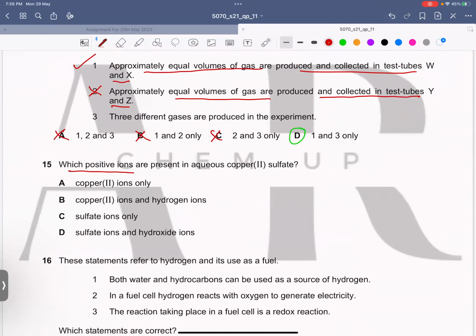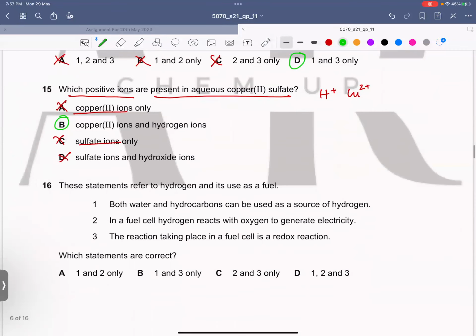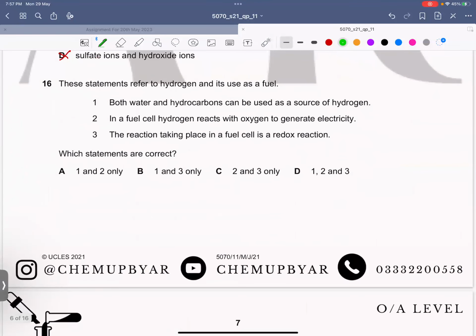Which positive ions are present in aqueous copper 2 sulfate? It's aqueous copper 2 sulfate, so hydrogen ion and copper ions. They are asking for the positive ions. So A goes wrong, C and D also go wrong, and B is your correct answer because these are the only two ions which are positive ones.